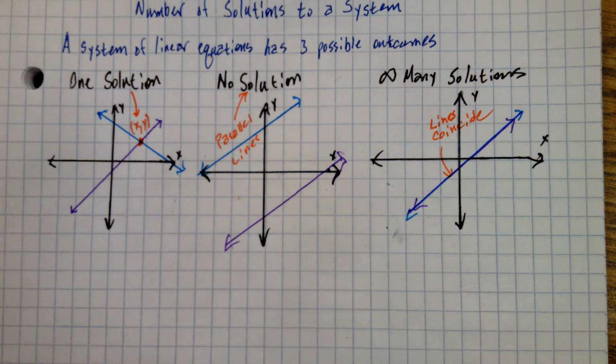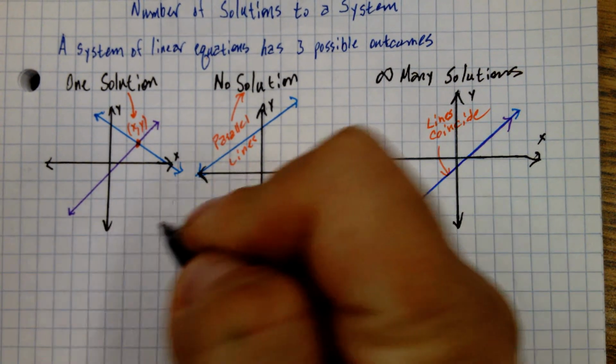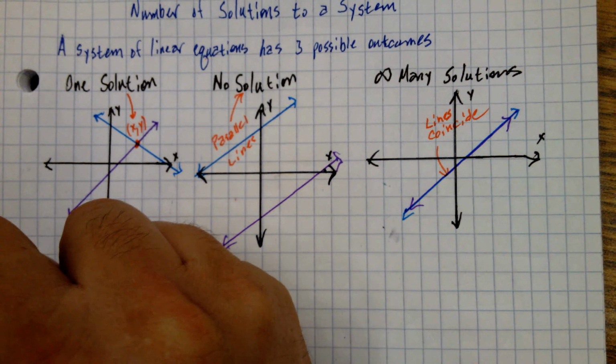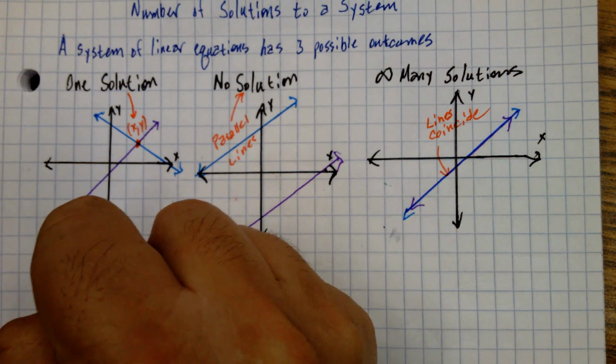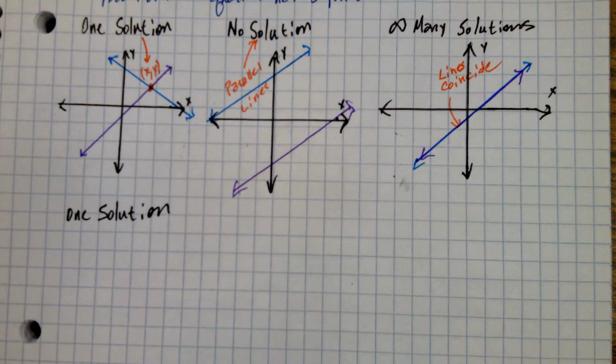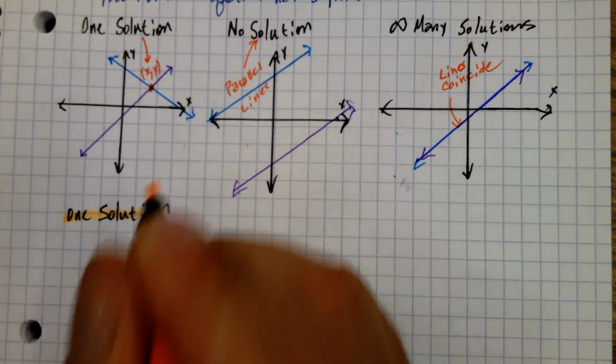Let's start with the one we're most familiar with, one solution. So we're going to write a system, and this one will have one solution for sure. Okay. So one solution.